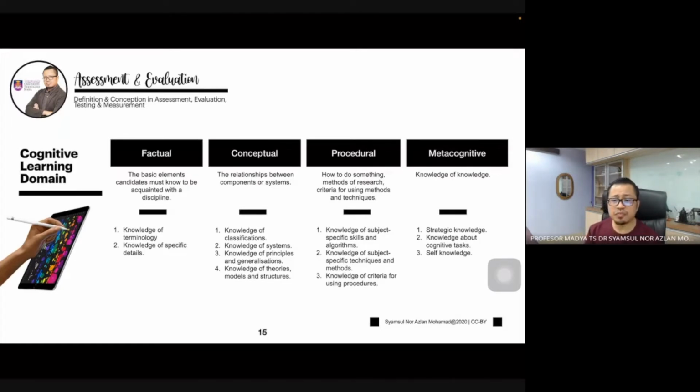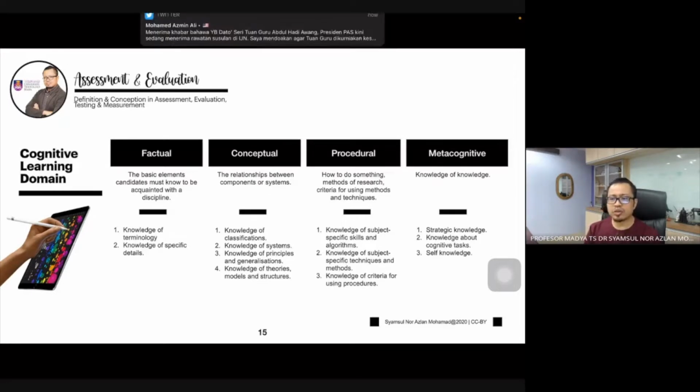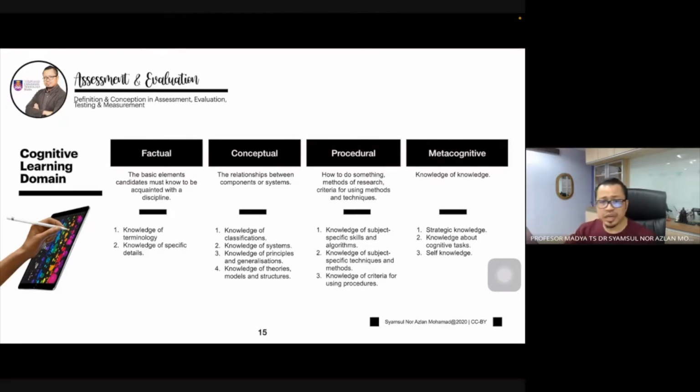This is a very basic fundamental that lets the student understand first. And the second step is how the conceptual is put in, after the student has been given the basic elements of terminology and specific details.